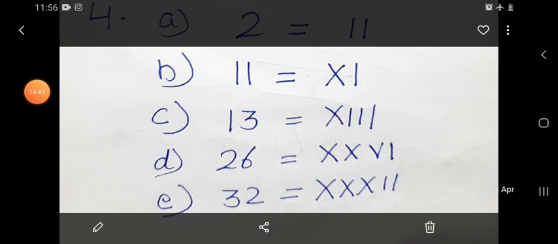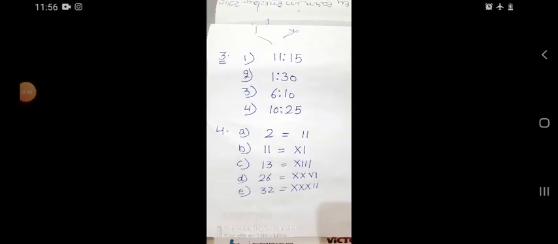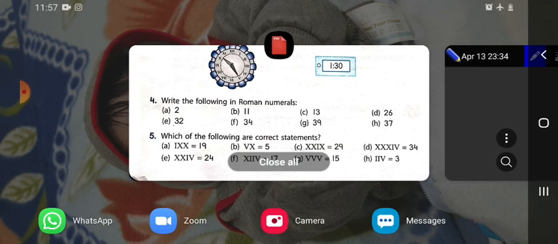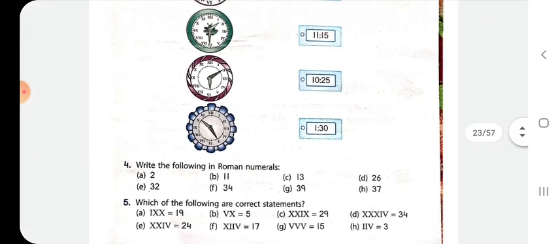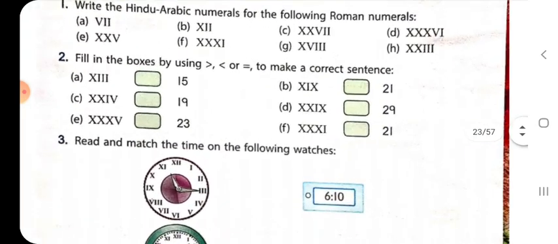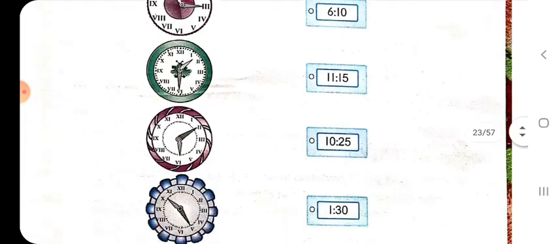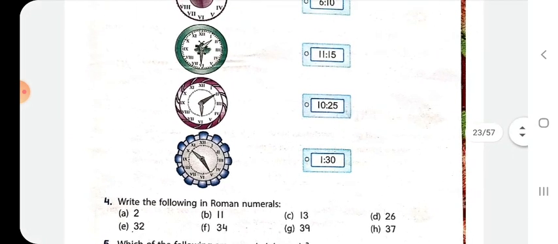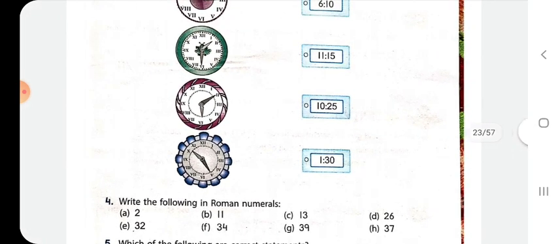So your homework for today is, as you can see, we have done question number 1, 2, 3 and 4. So you have to do all the sums of question number 1, 2, 3 and 4 in your notebooks in good handwriting and draw the clock properly.